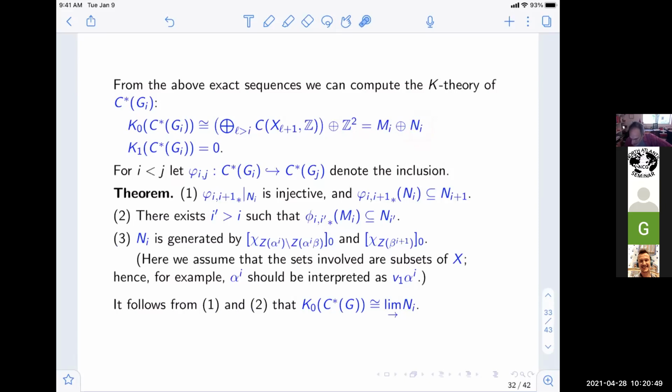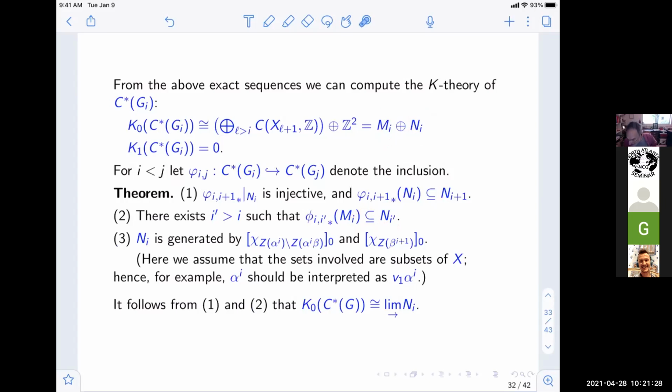The inclusion from one level to another maps the N_i injectively into the N_{i+1}. So the N_i's form their own coherent subsequence in the inductive limit. For every i, there's a larger index i prime so that the N_i part gets pushed into the N_{i prime} part. So all we need in order to understand the K-theory of C-star of G is what happens to these Z squared pieces that map along.